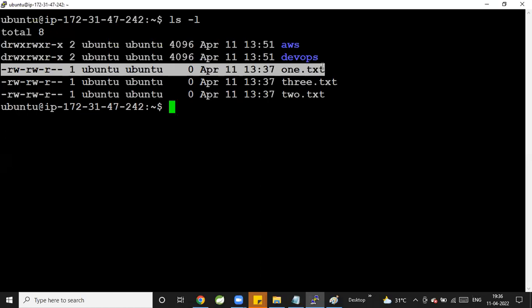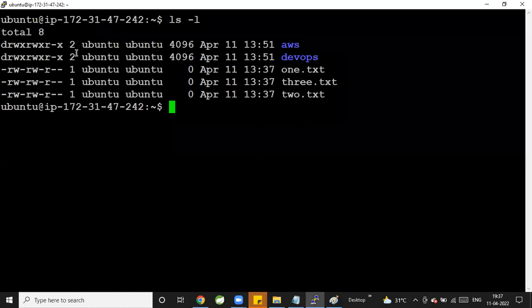This is the 1.txt file. Who is having what permissions? User having read write, group having read write, others having only read.